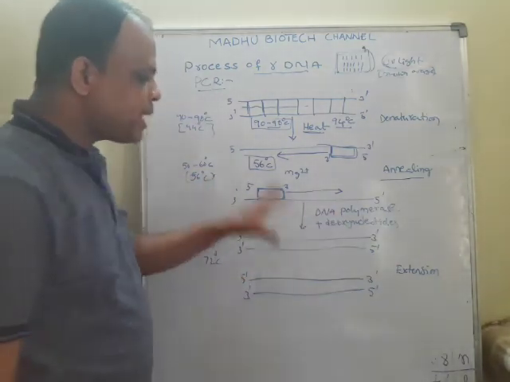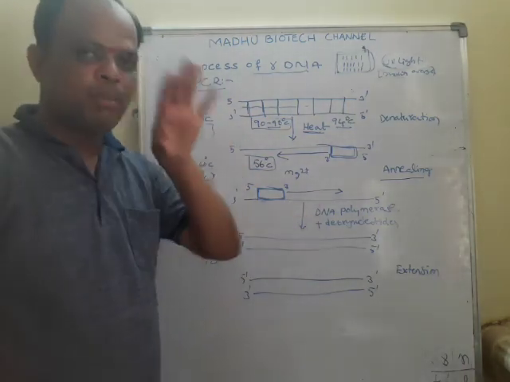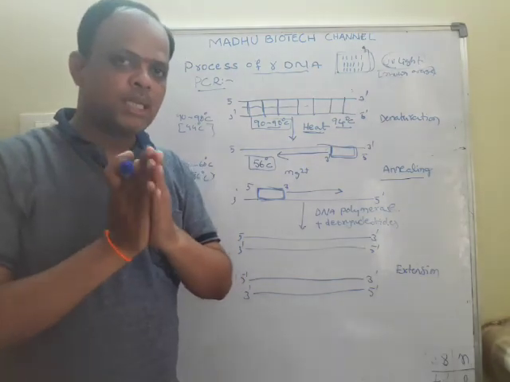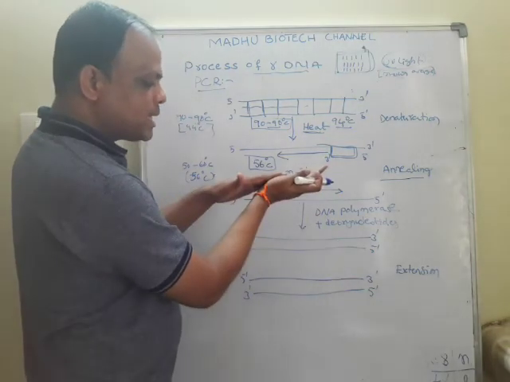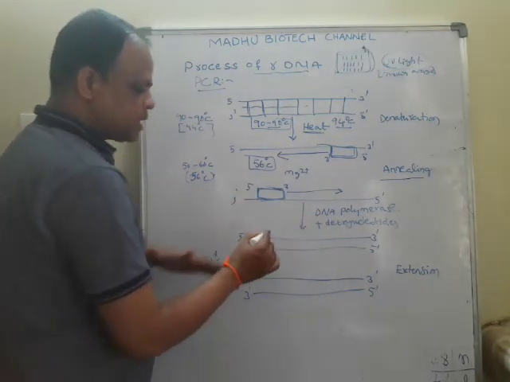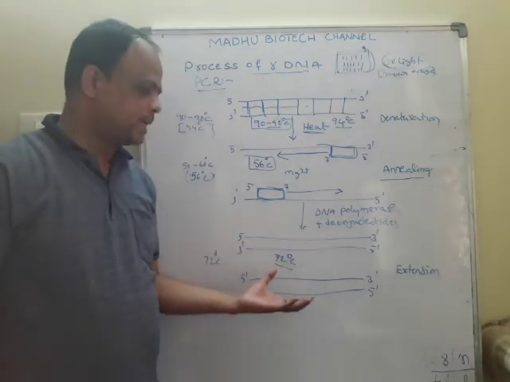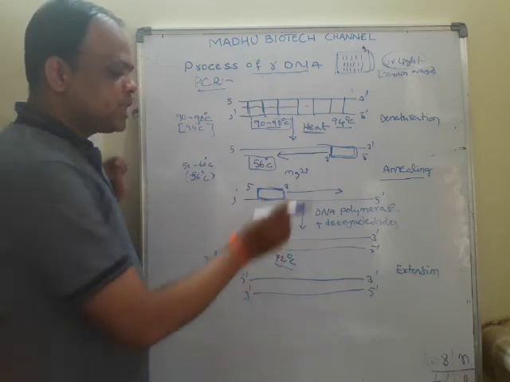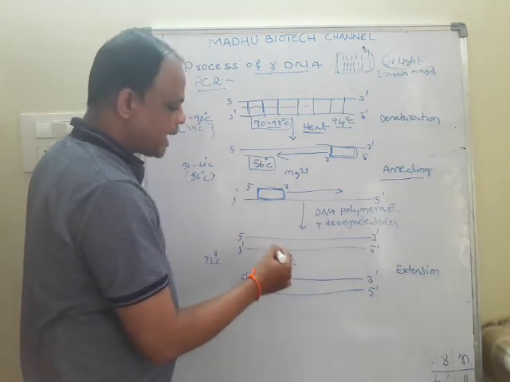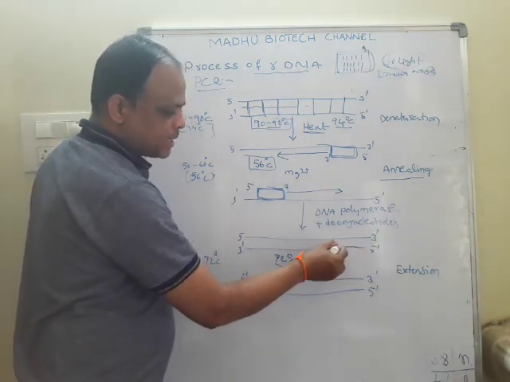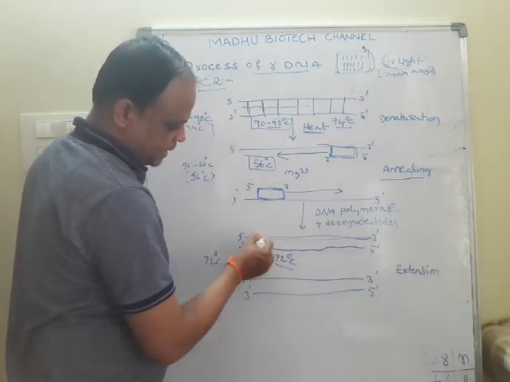At this place we add a specific DNA polymerase enzyme, Taq polymerase, and deoxynucleotides, and we increase the temperature to 72 degrees centigrade. With the help of Taq polymerase and deoxynucleotides, the primer is extended, forming bonds and producing double stranded DNAs.